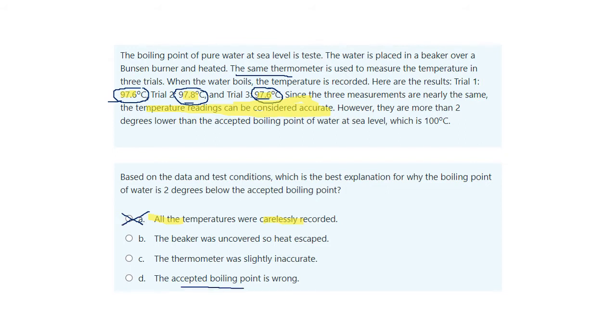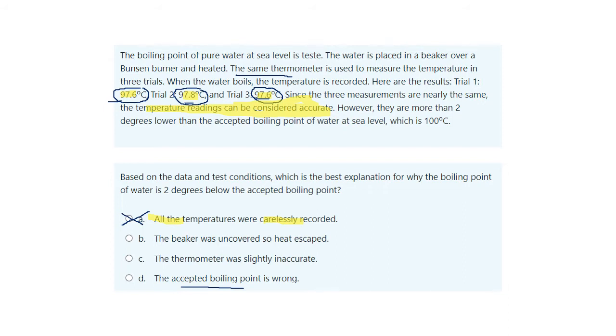The accepted boiling point is wrong. Well, you would have to be very proud of yourself to say, I have boiled water 3 times, and now I can tell the whole world that they are wrong. Water boils at 97.6 degrees. You would also be very foolish. Just because you've done something 3 times does not mean that you have found a universal truth. People have been boiling water for thousands of years.